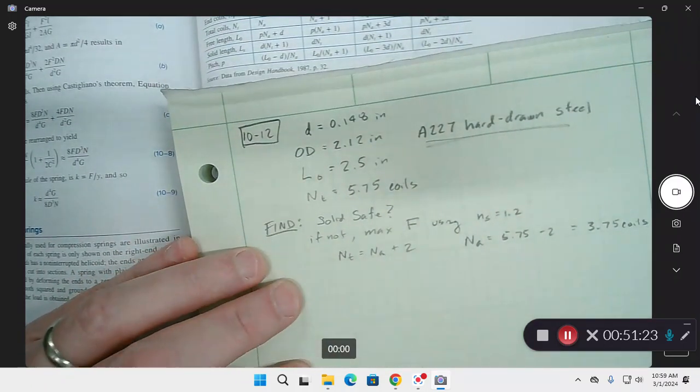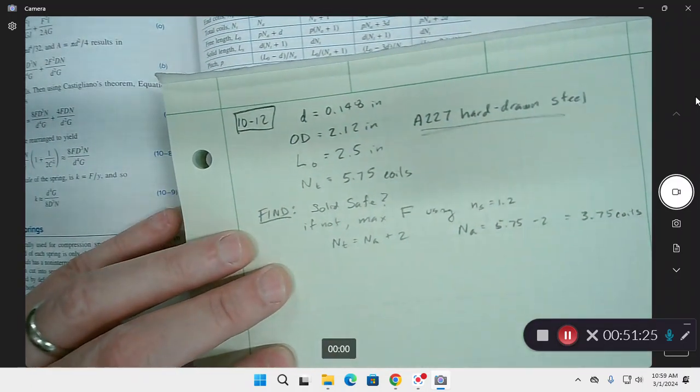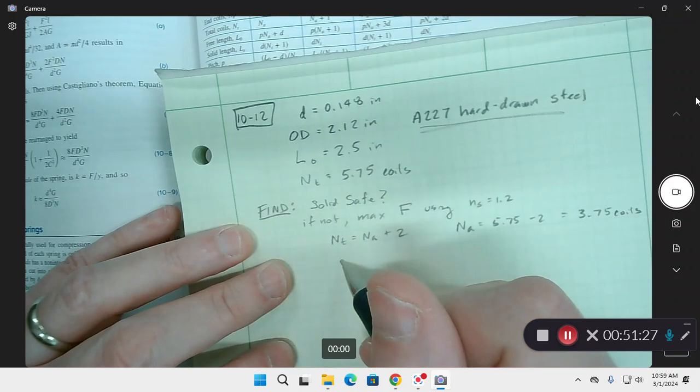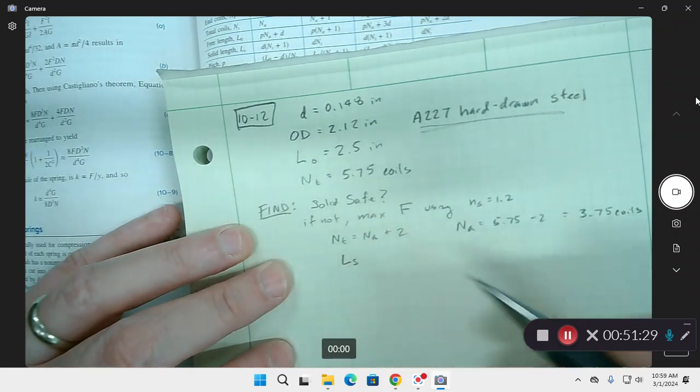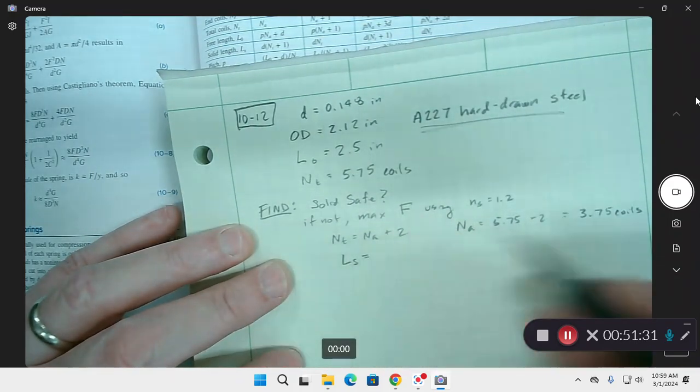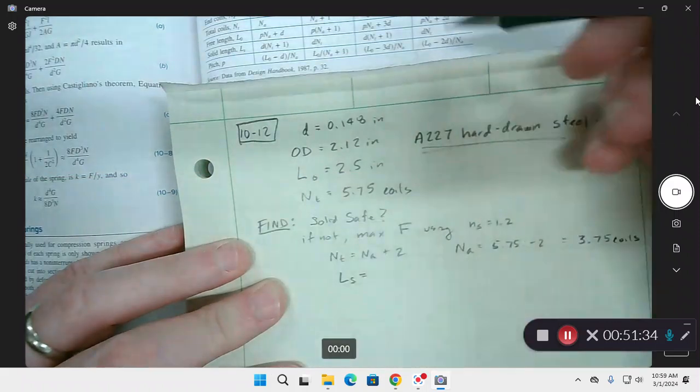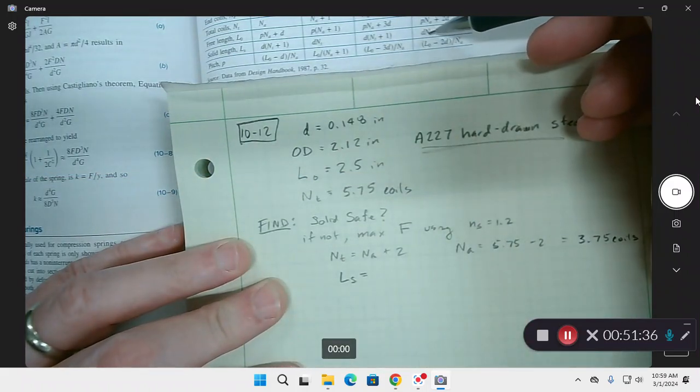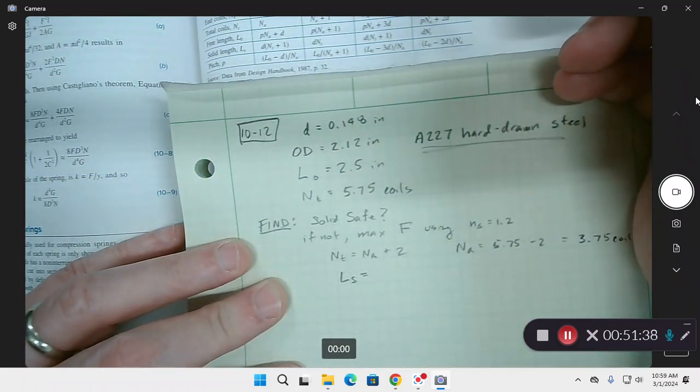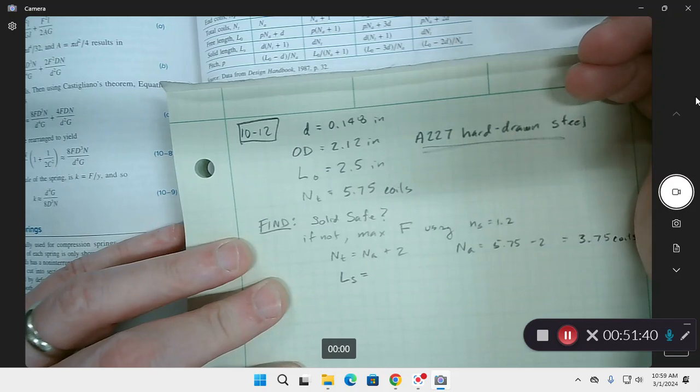And anything else? Oh, solid length, right? So we have solid length. LS is going to be equal to DNT according to this right here. They said it was squared and ground.